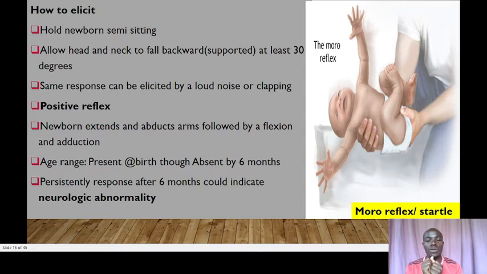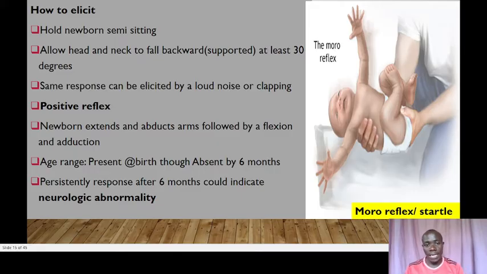So they do that movement: extend, abduct, flex, adduct. It's usually present at birth, but absent at about 6 months.